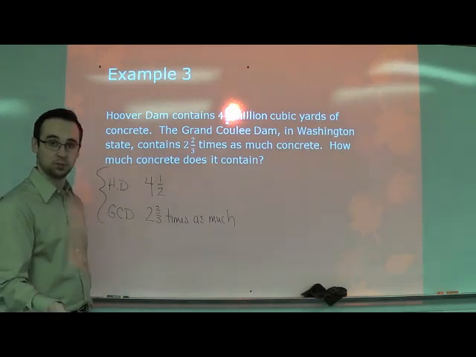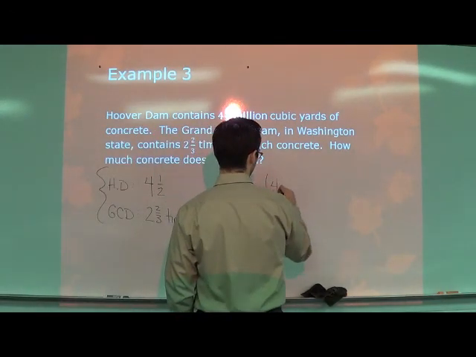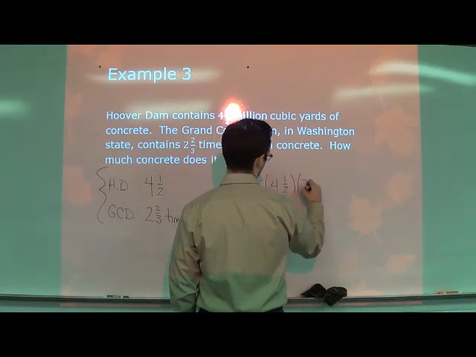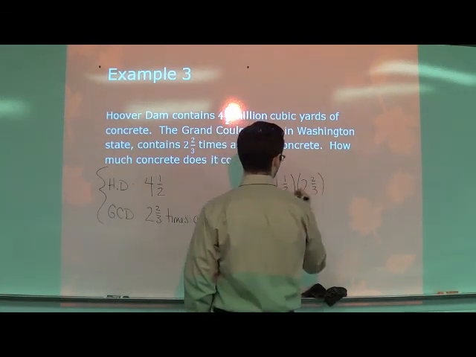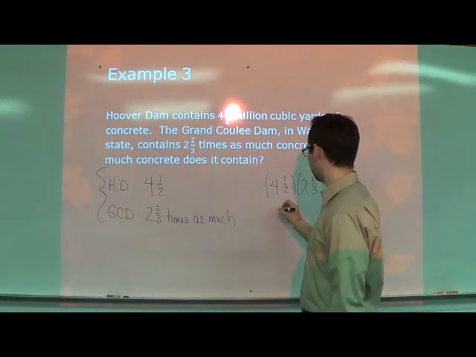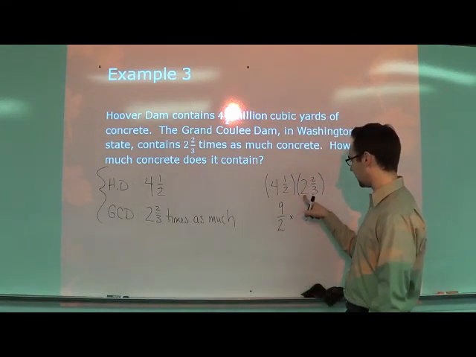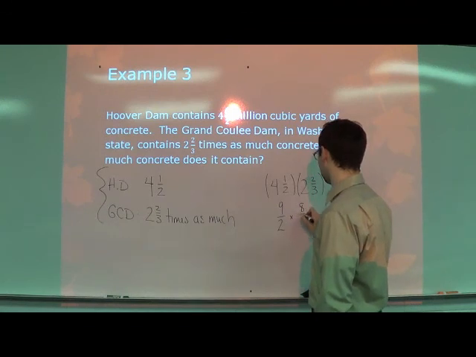So we're obviously multiplying. So we're going to take 4.5 times 2 2/3. When I multiply this, again, convert to improper fractions, so 2 times 4 is 8... plus 1 is 9/2, times 3 times 2 is 6, plus 2 is 8, over 3.